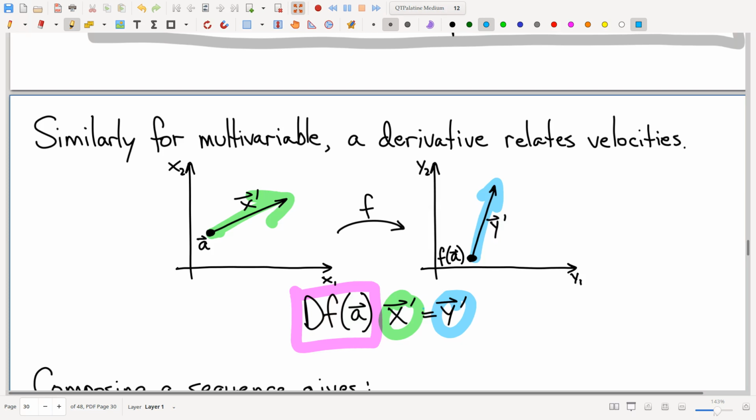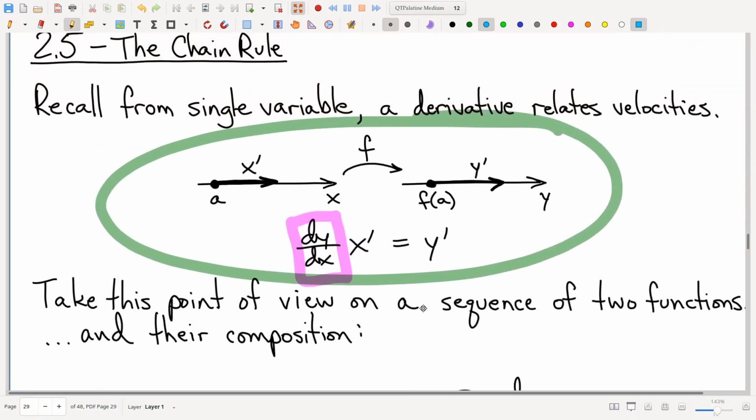A derivative turns input velocities into output velocities, just like we argued back here.